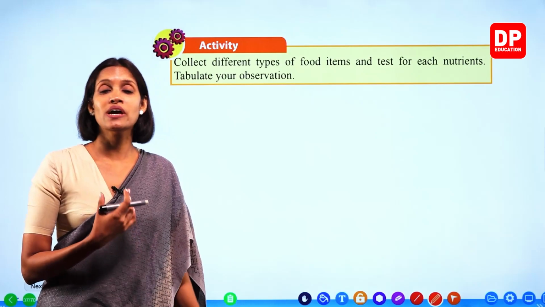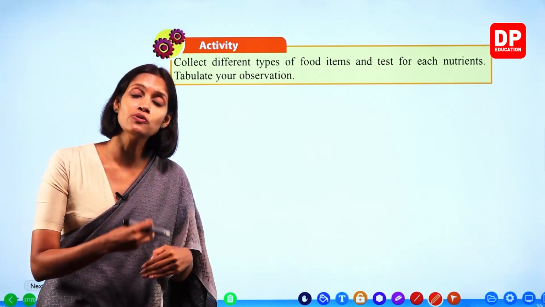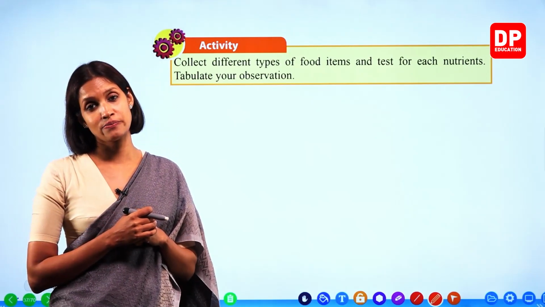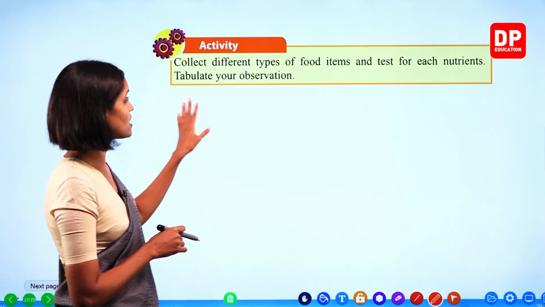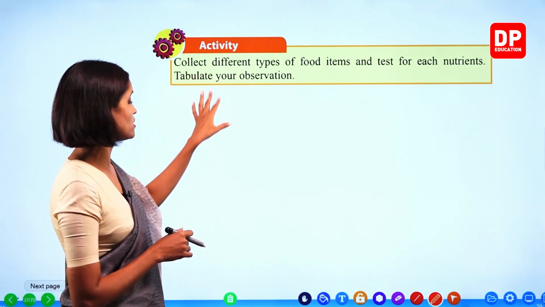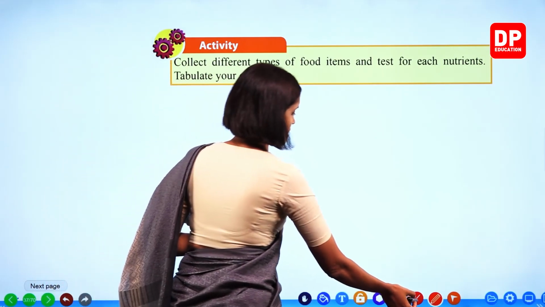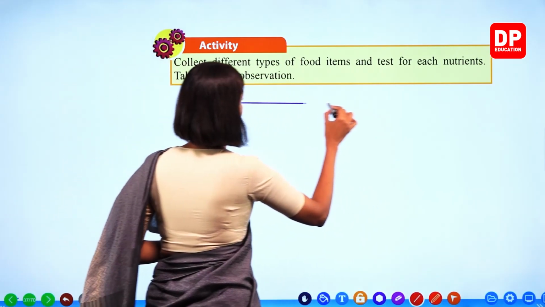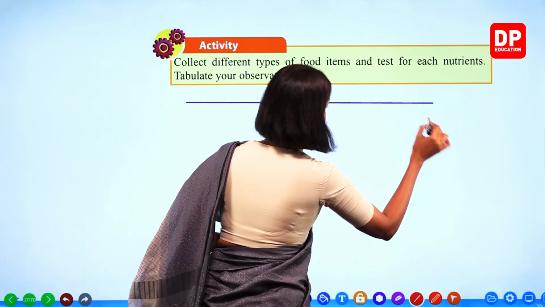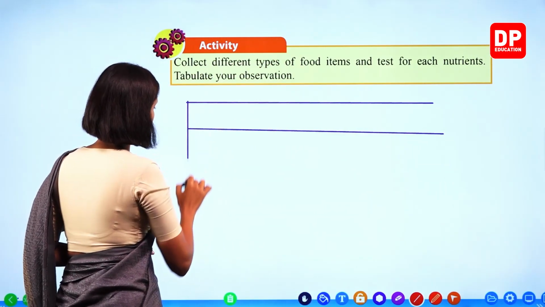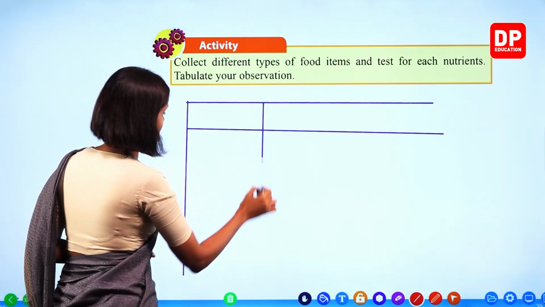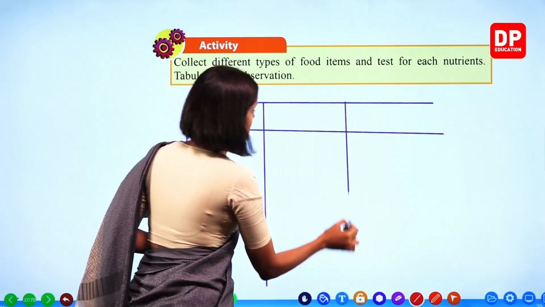And thereby you can understand what type of nutrients are present in each food item. Okay, children, collect different types of food items, test for each nutrient and tabulate your observations. So, tabulate means you have to include them in a table. So, you can do it as a group activity. Okay. So, you can simply do it like this.